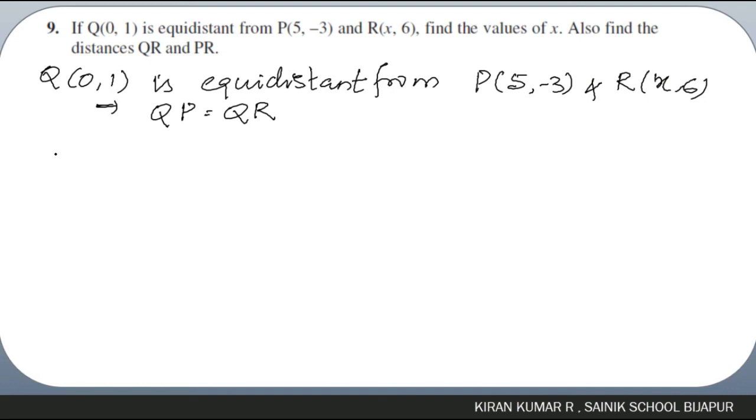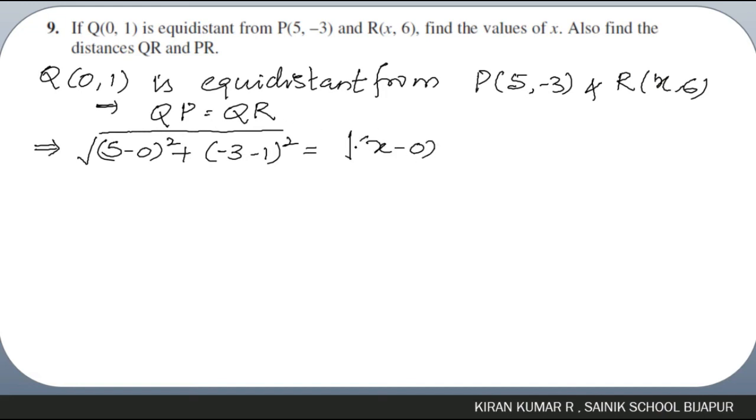Let's find the distance QP. It is root of (5 minus 0) whole square plus (negative 3 minus 1) square. QR is root of (x minus 0) square plus (6 minus 1) whole square.